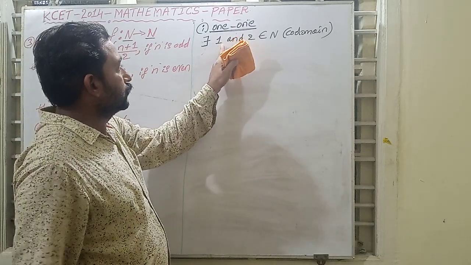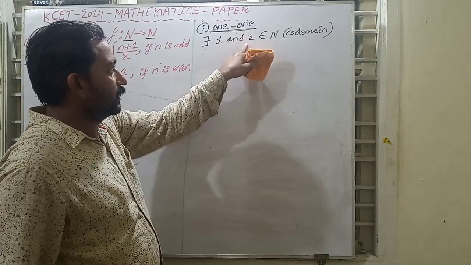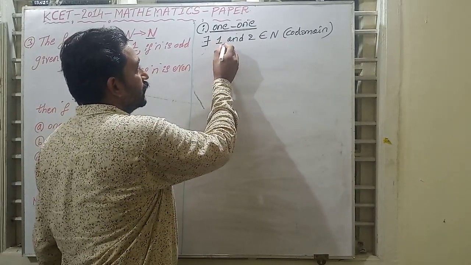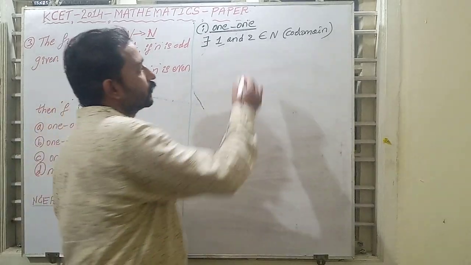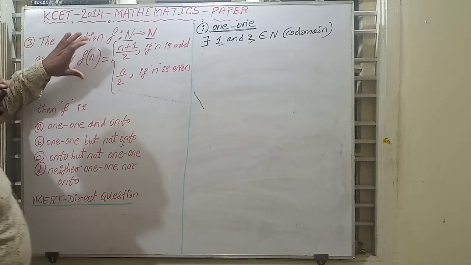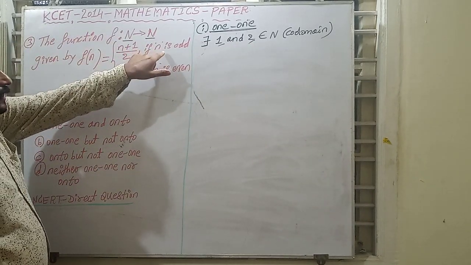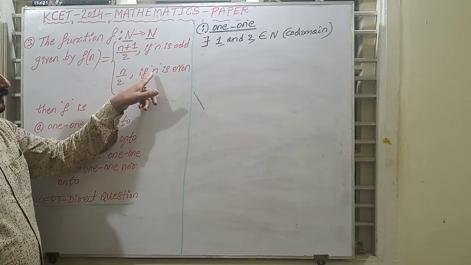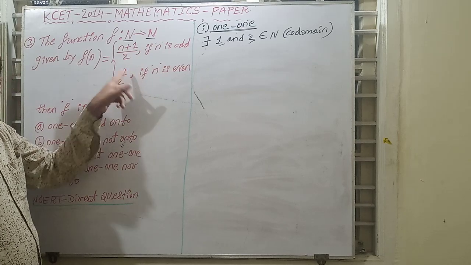Of these two elements, 1 is an odd number and 2 is an even number. The function is defined such that if the input value n is odd, the output is n plus 1 by 2. If n is even, the output is n by 2.